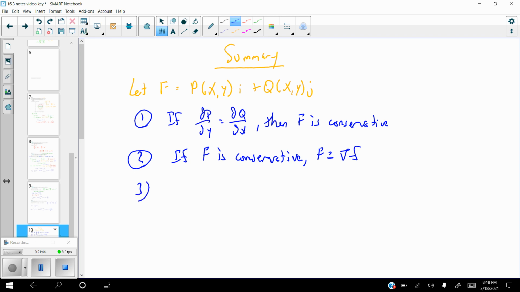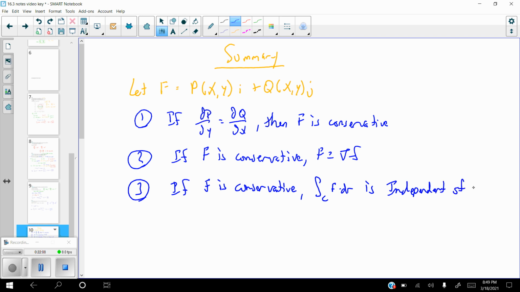Okay, and still yet off of those, if F is conservative, then that means that the line integral of F dot dr is independent of path. It makes no difference which way we take to get from one endpoint to the other.